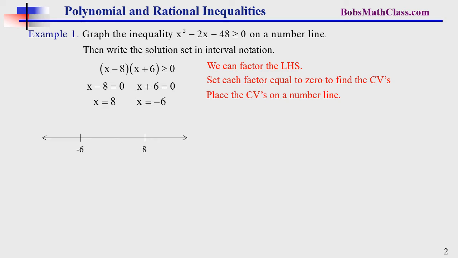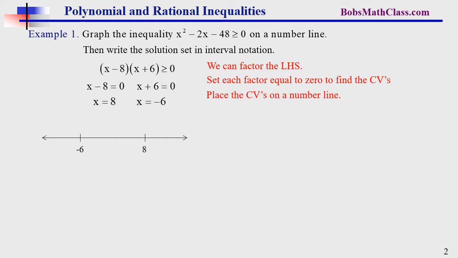So there's our number line. Negative 6 should be on the left and 8 should be on the right. How many regions do we have, or how many intervals will we have here? There's 3. There's to the left of negative 6, there's between negative 6 and 8, and there's greater than 8. So 3 intervals here.